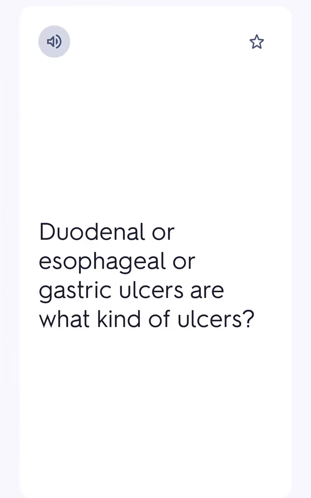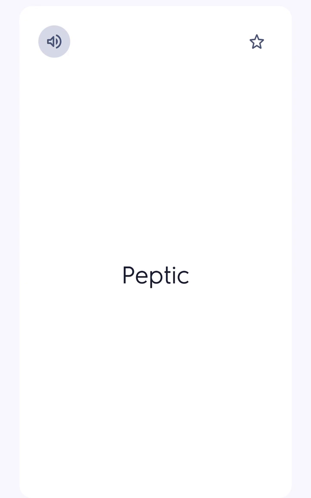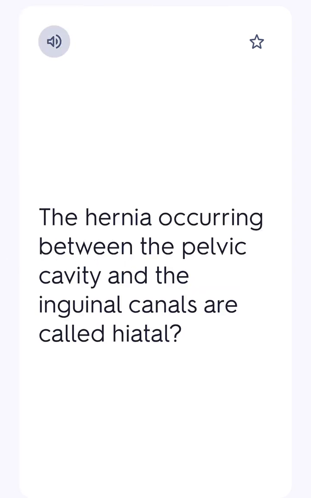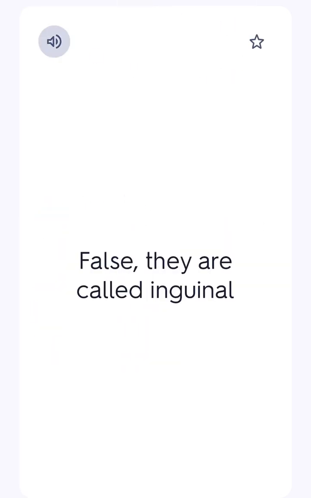Duodenal or esophageal or gastric ulcers are what kind of ulcers? Peptic. The hernia occurring between the pelvic cavity and the inguinal canals are called hiatal? False, they are called inguinal.